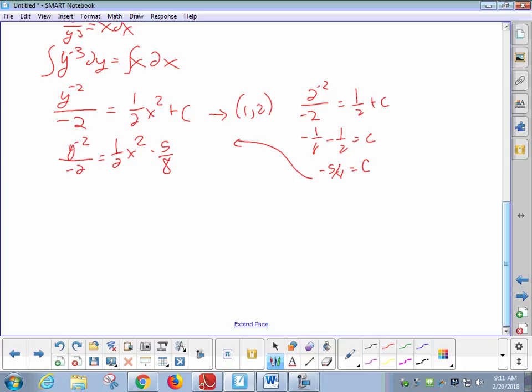This is why I chose this example. The negative 2 is a non-issue. Let's dump that: negative x squared plus 5/4. Do you agree with the negative 2 moving step? Okay. y to the negative 2 is 1 over y squared.